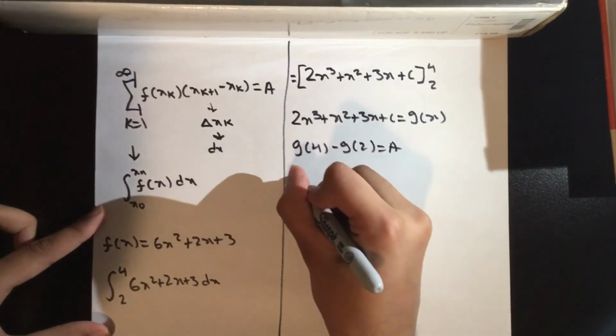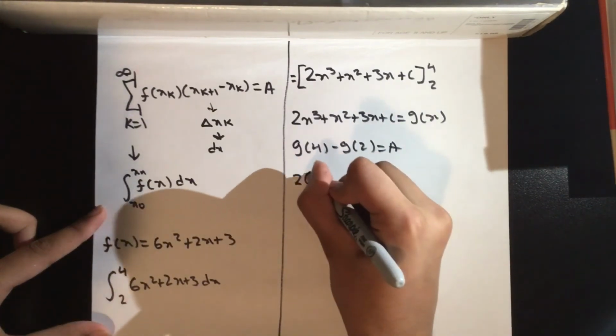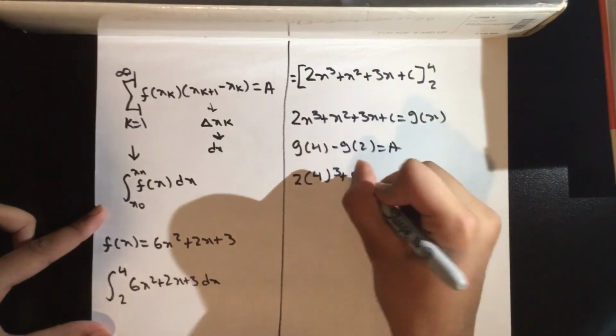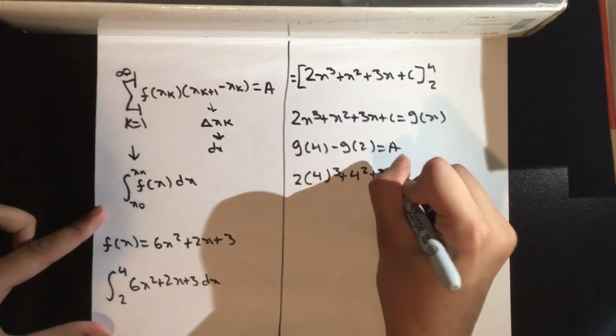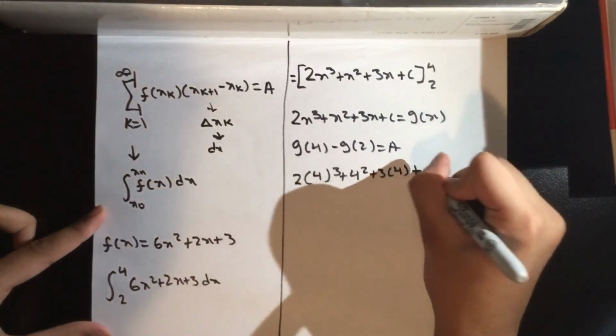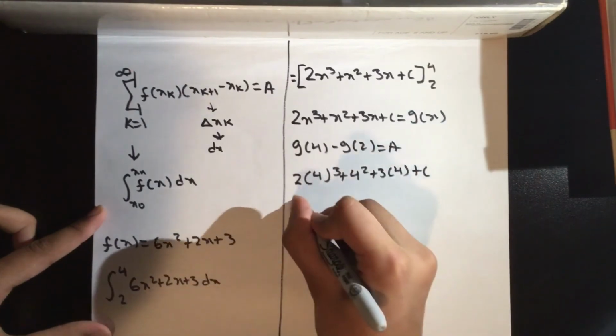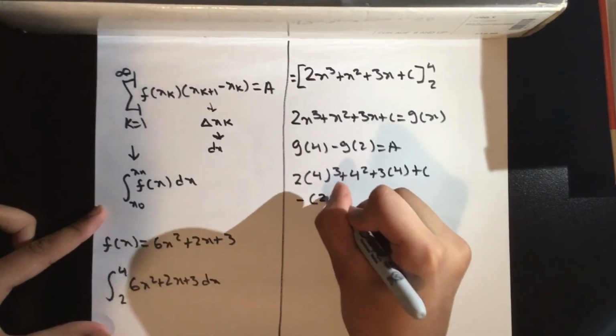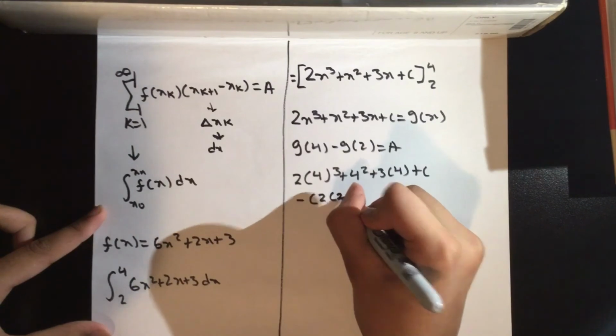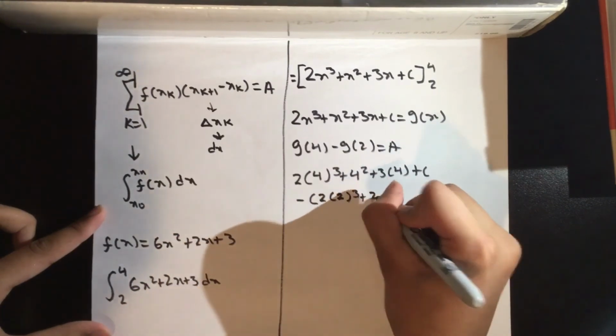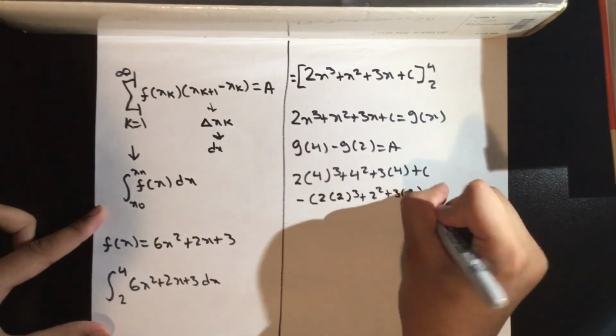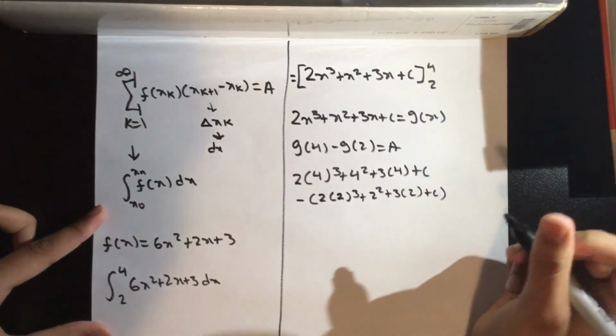g of 4 is 2 times 4 cubed plus 4 squared plus 3 times 4 plus c, minus g of 2, which is 2 times 2 cubed plus 2 squared plus 3 times 2 plus c.